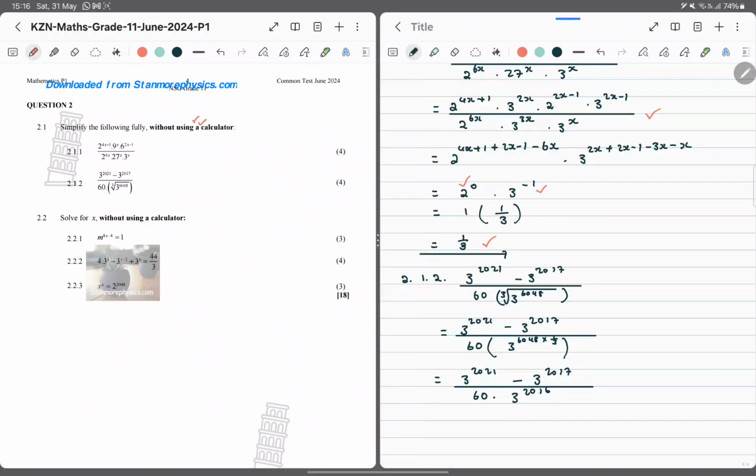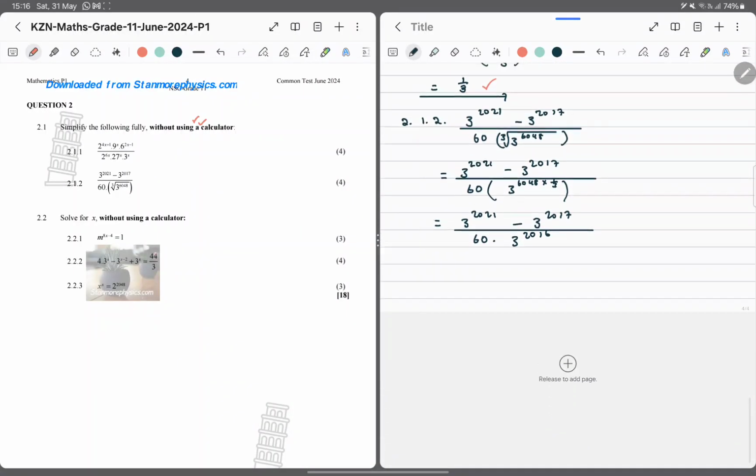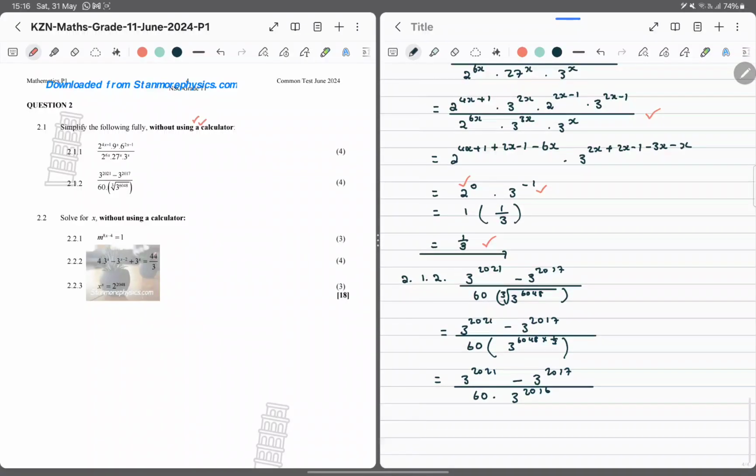Okay, so now we can change these to the exponent 3 to the 2016, because the smallest is the easiest to deal with. But I'm not going to waste space here. We can continue on this side. So this is 3 to the 2016 times 3. Now to get 21, we just need 21 minus 16, 5. This is 3 to the 5, right?